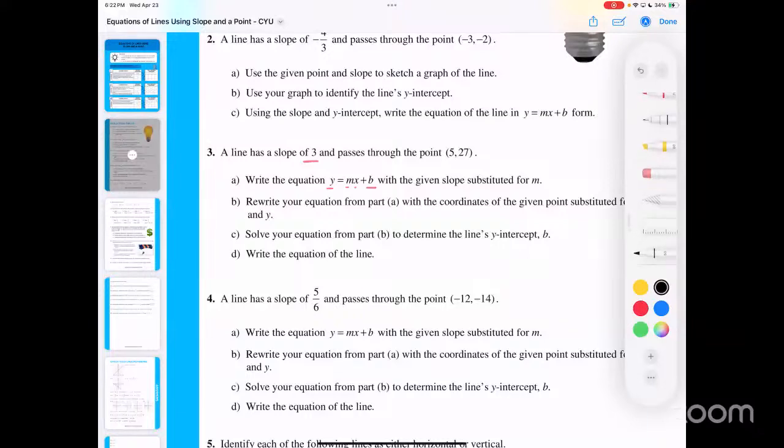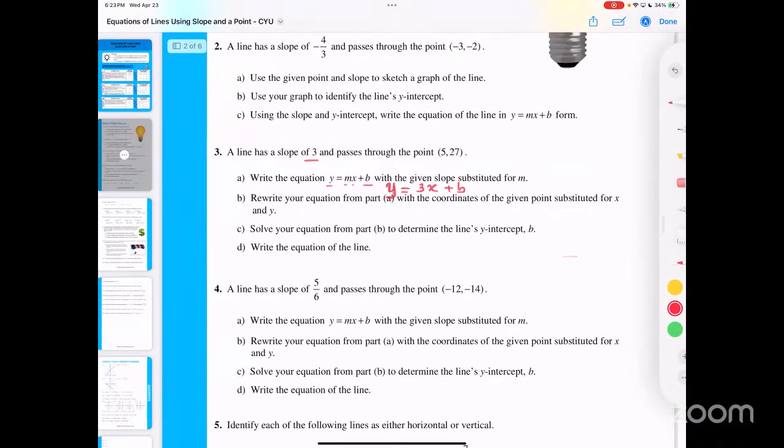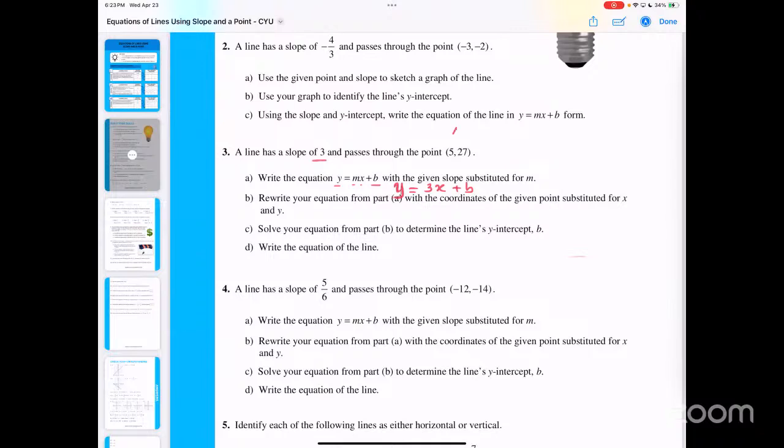M. So all we're going to do is rewrite y is equal to 3x plus b. Now rewrite the equation with the coordinates of the given point substituted for x and y. This is x, this is y. Substitute means replace the x and y with those values, right? Then solve for b. Can you just complete that, please?